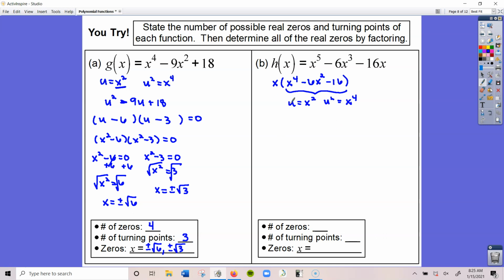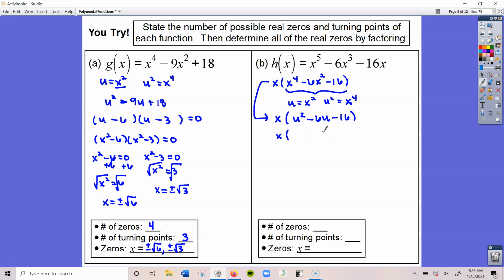So now I'm going to rewrite this. And just so that I don't forget that I still have this x here, I'm going to keep writing it as I continue factoring. So we have that x on the outside, and then we have u squared minus 6u minus 16. And now we continue factoring.